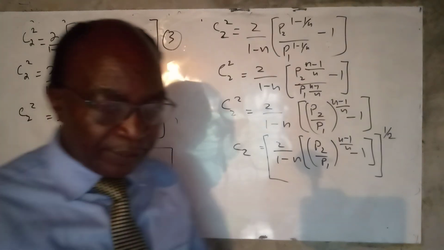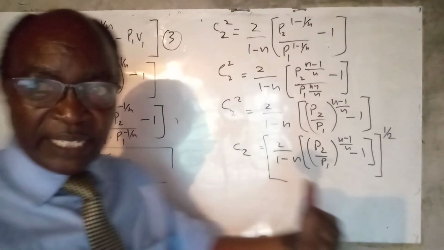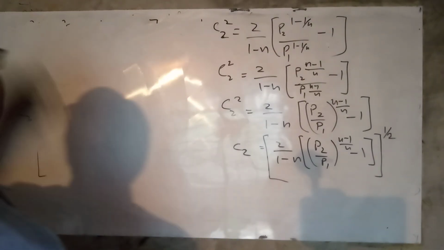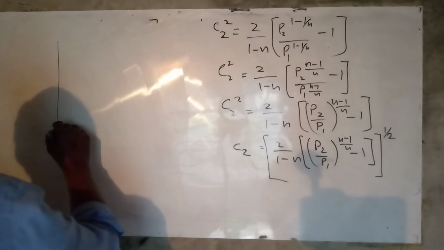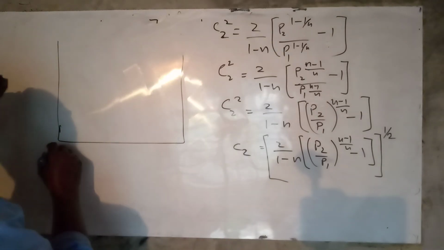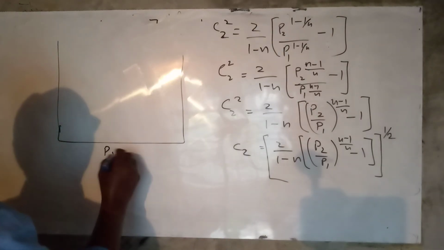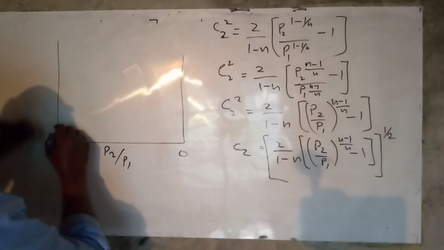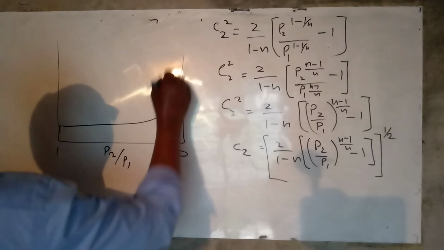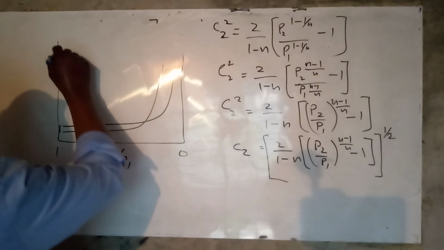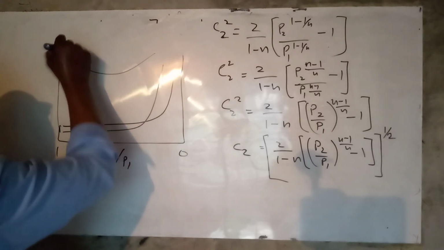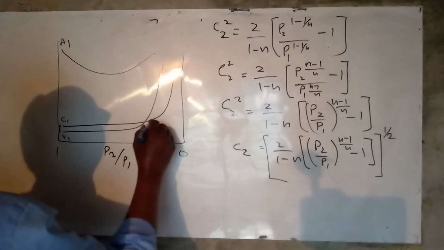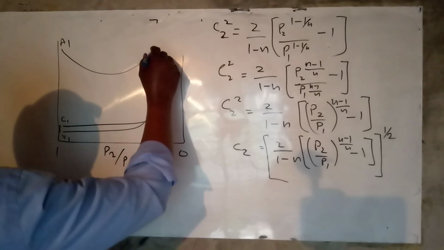Now, we know that when we drew that graph for the flow in the duct, showing the pressure, remember, we have A1, then we have V1, we have C1, we have C2, V2, A2.